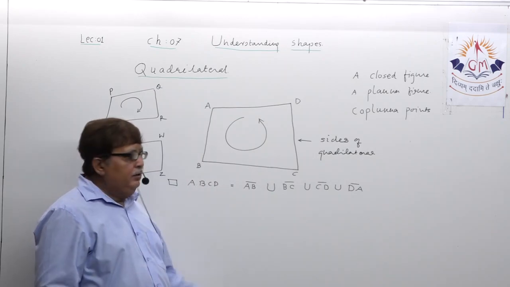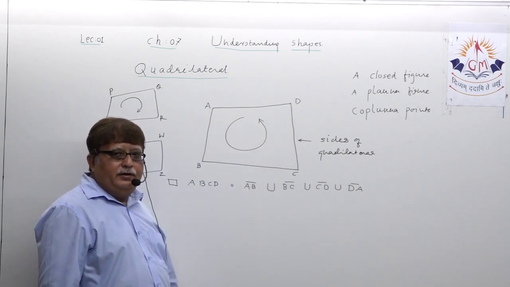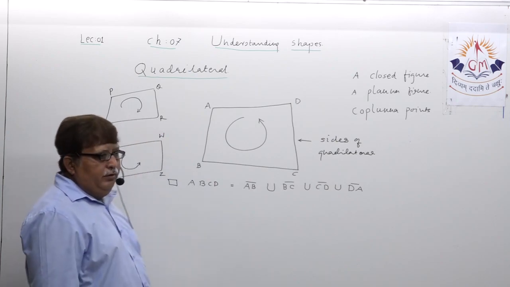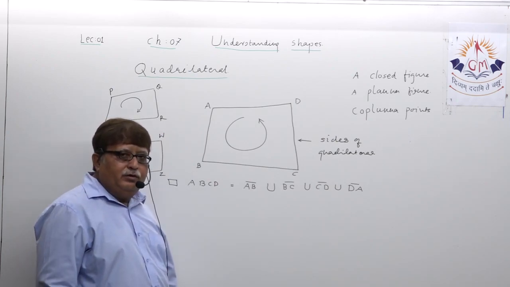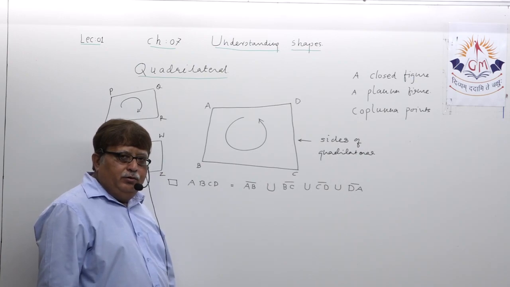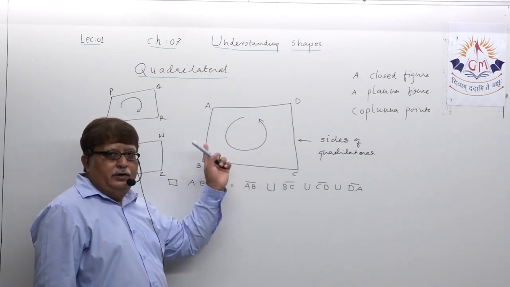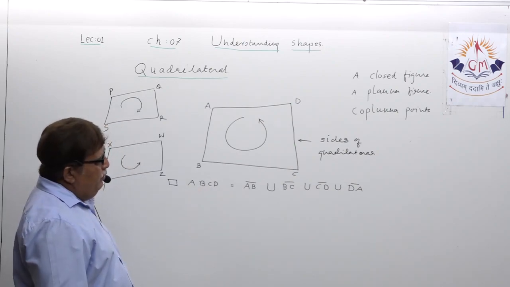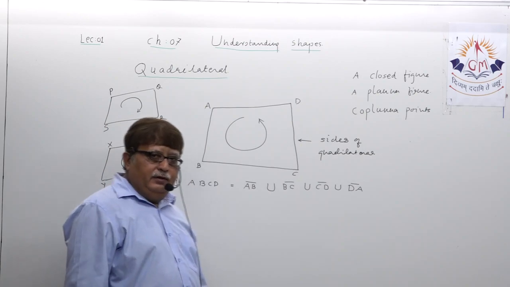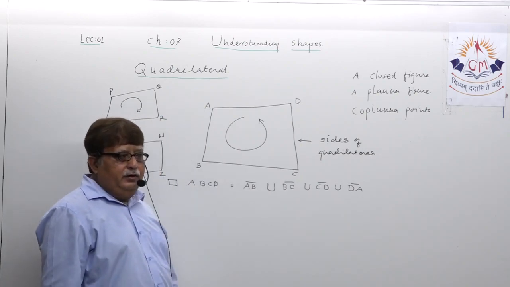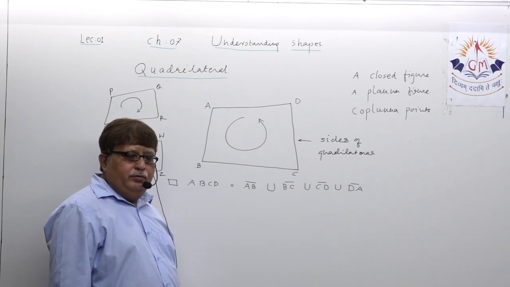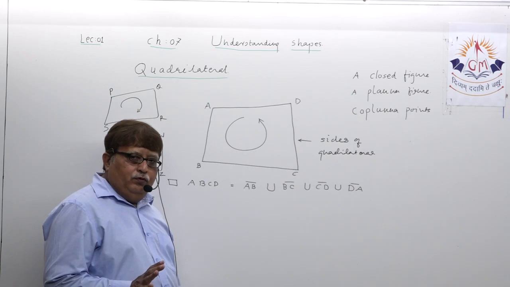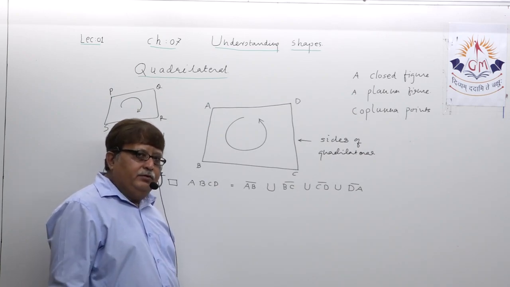It doesn't matter whether you name the quadrilateral clockwise or anti-clockwise. What matters is that you maintain the sequence. Understand? So dear student, the meaning of quadrilateral has been made clear. It is a closed planar figure formed by four line segments.